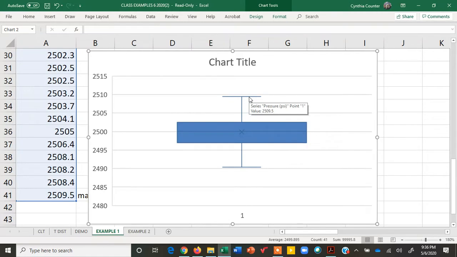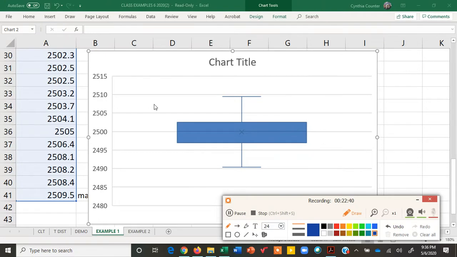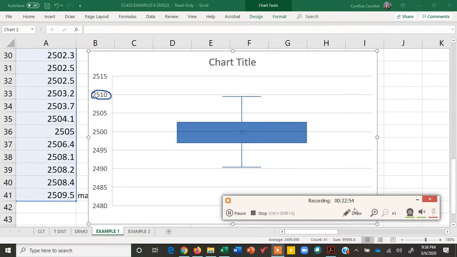If we hold this here, let me see if I can get my pencil back. The maximum is 2509.5, very close to 2510, and we can see how close it is. When I hold this just right, you see how it says 2509.5.